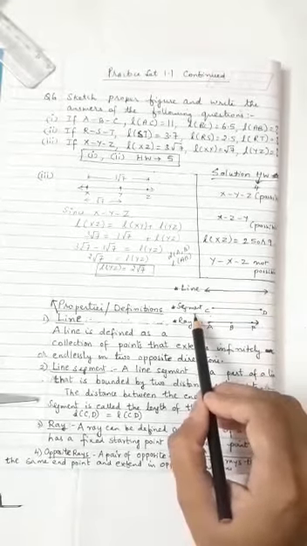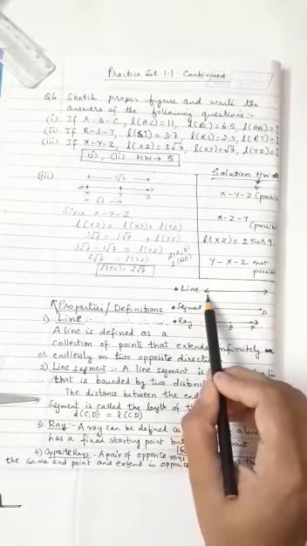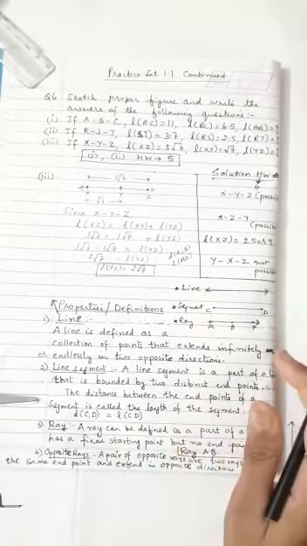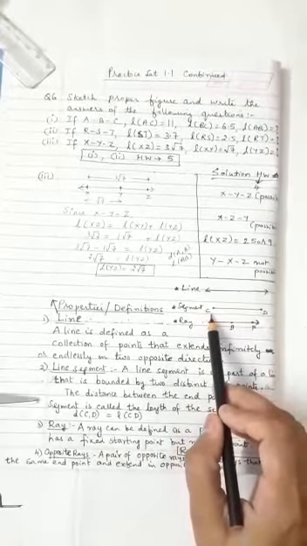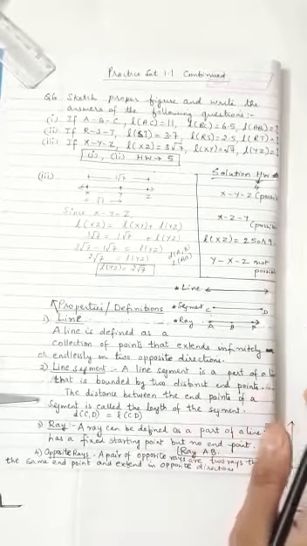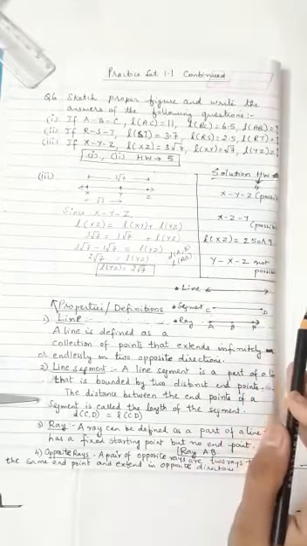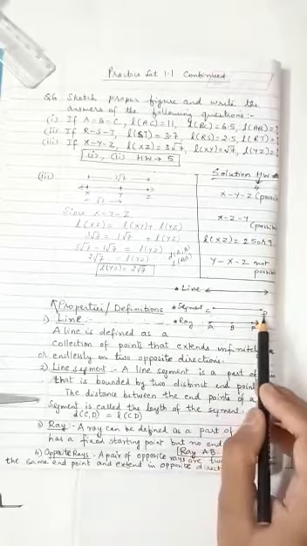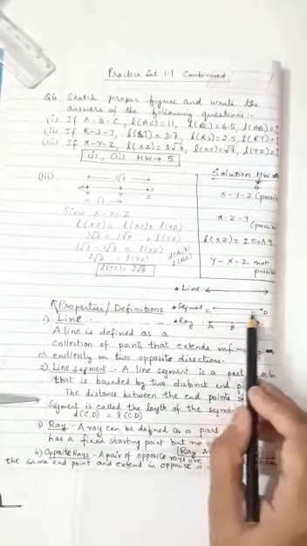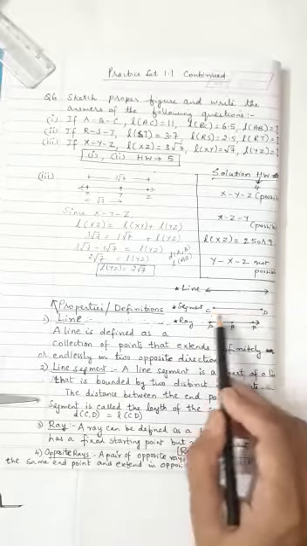So I can say that a segment is a part of a line, and a segment is a union of the set of points that are contained between the end points C and D along with C and D. I repeat, a segment is a collection of all the points between the end points C and D, and also C and D. So all these points are the union.